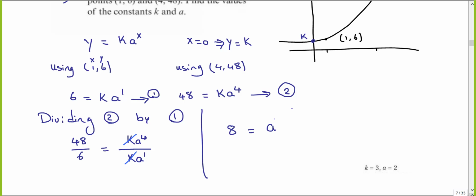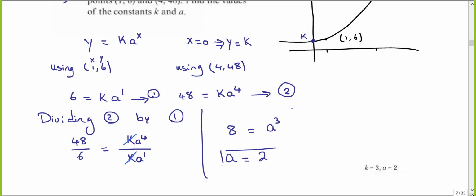Very good. So if a cubed equals 8, a will equal what? We do the cube root of 8. Yalla, do it. It will be 2. Very good.